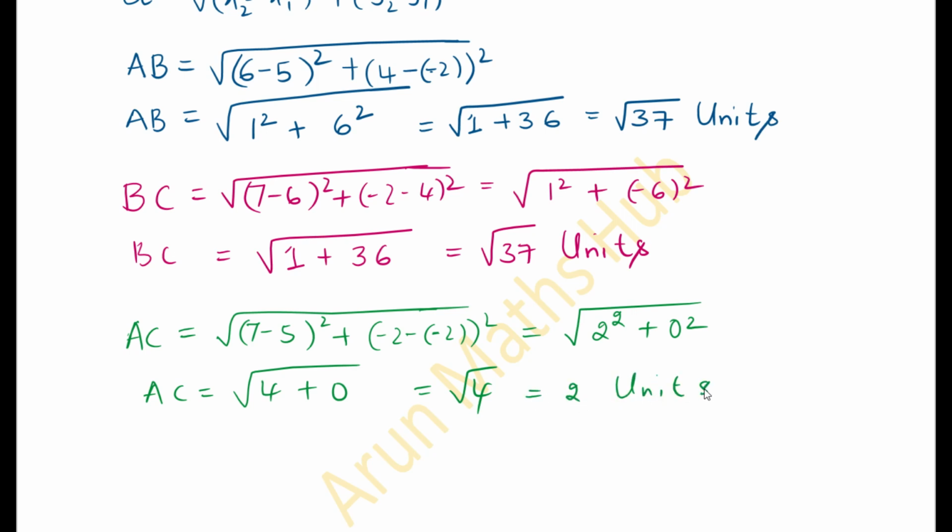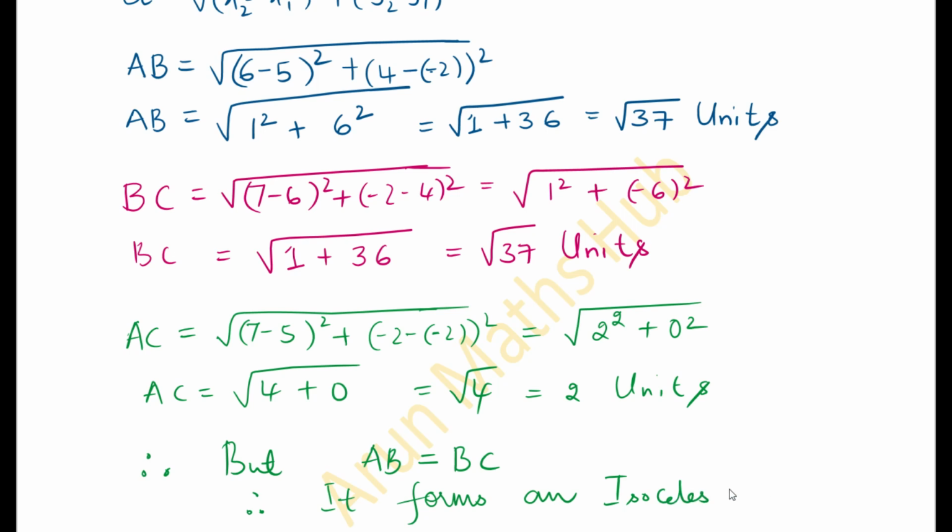Now we got the length AC as 2 units, but the side AB is equal to what? BC. Since two sides of the triangle formed by these 3 points are equal, therefore it forms an isosceles triangle.